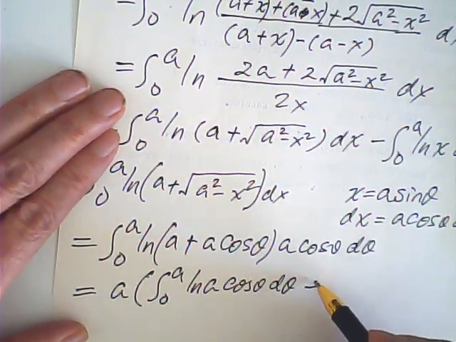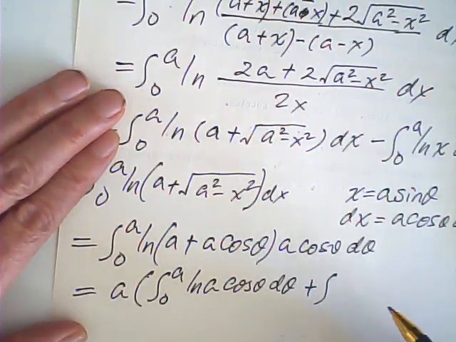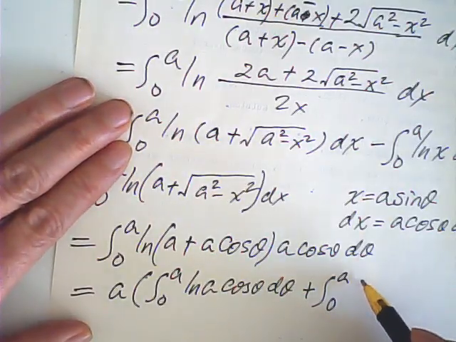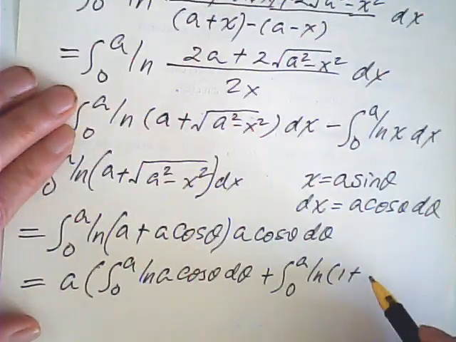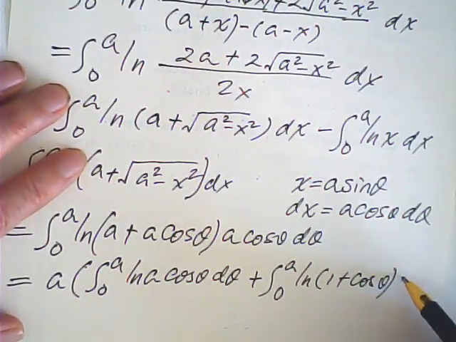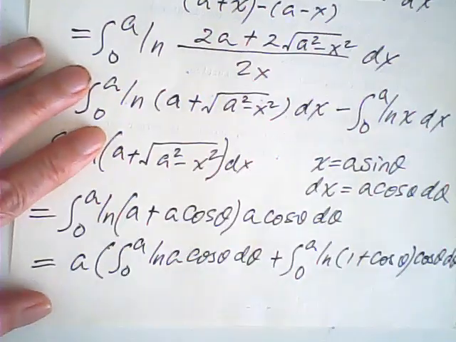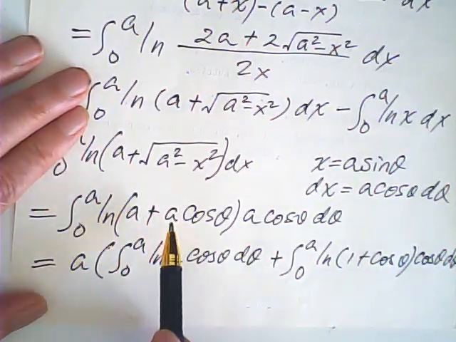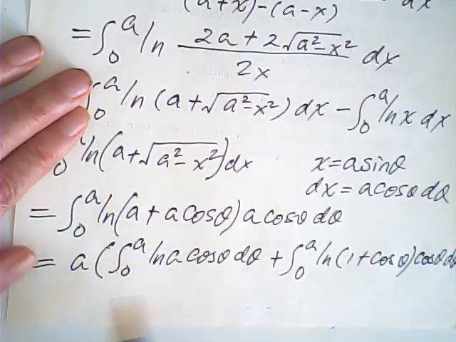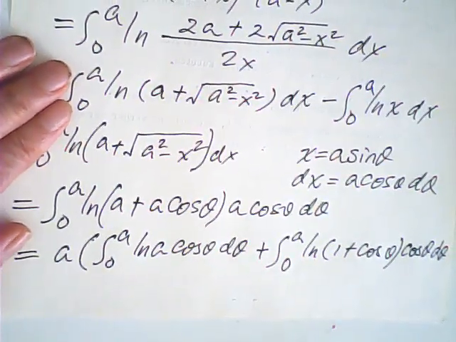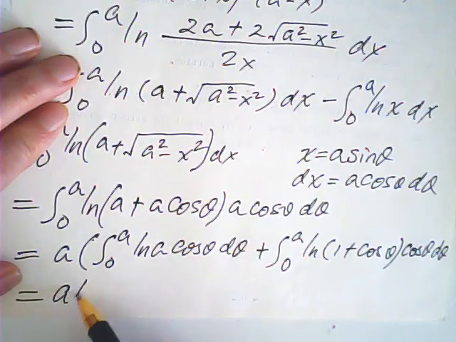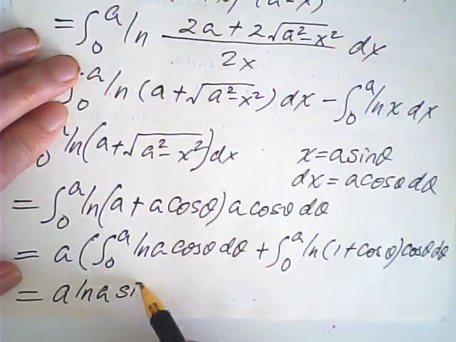The second one is plus the natural log of 1 plus cosine theta, and the cosine theta d theta, because I take a out, so log a times 1 plus cosine theta. Okay, this one is equal to a log a sine theta.